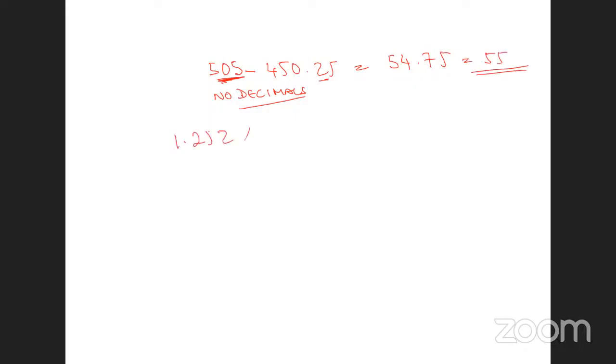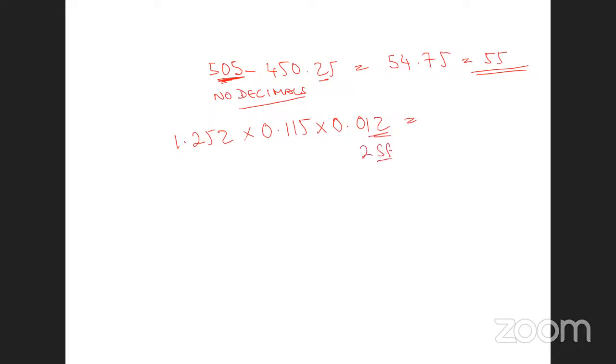1.252, another one. 0.115 times 0.012. Let's see, 1.252 times 0.115 times 0.012. So here the least significant figures I have to bring it to, which is 2 significant, right?